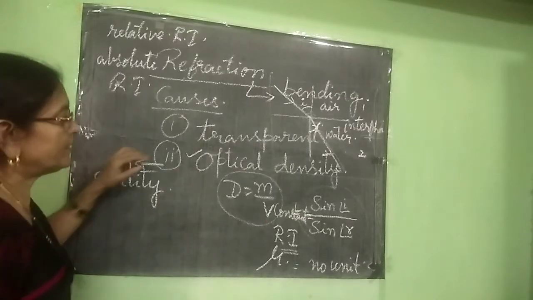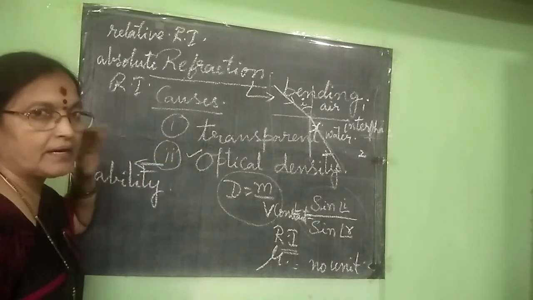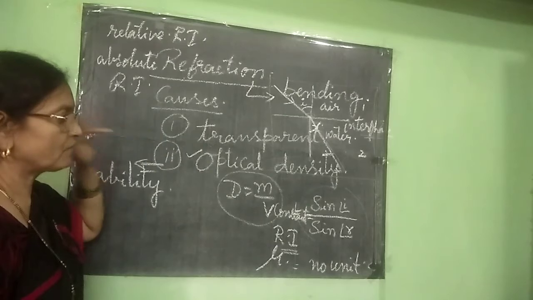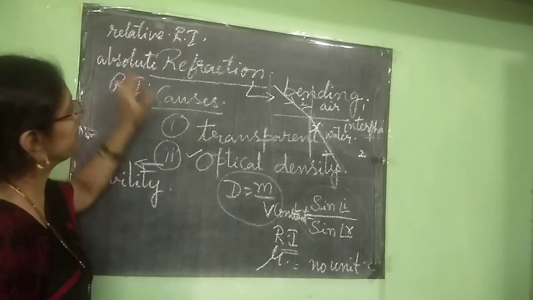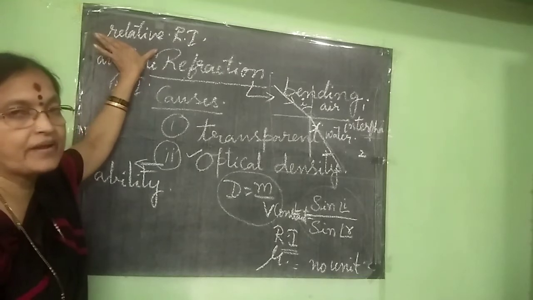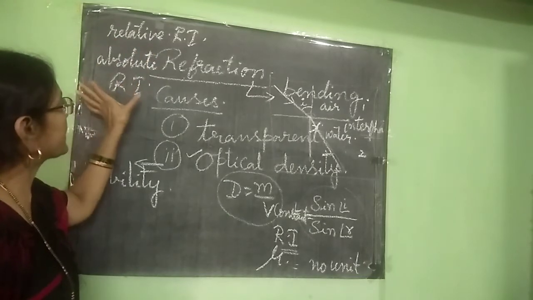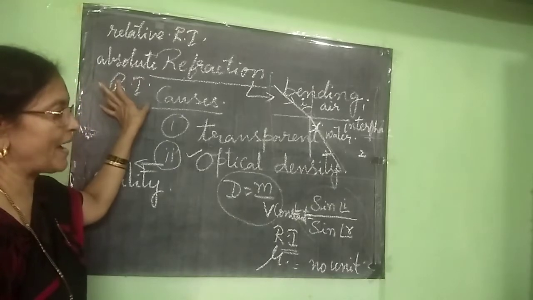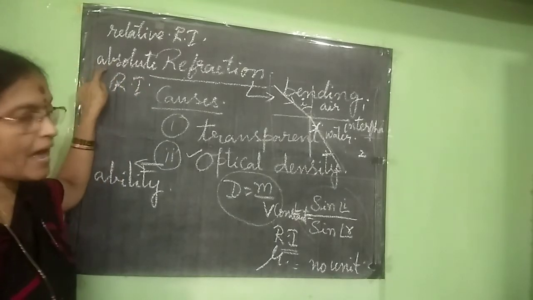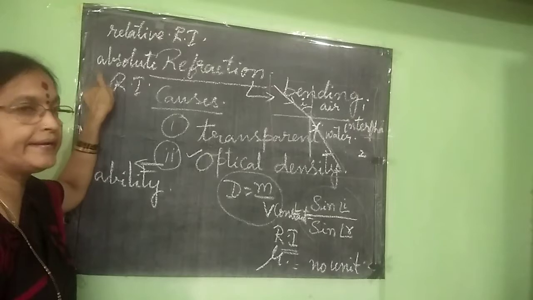So, whenever you are calculating the refractive index of one medium with respect to another medium, it is called relative refractive index, and when you are calculating the refractive index with respect to vacuum, it is called absolute refractive index.